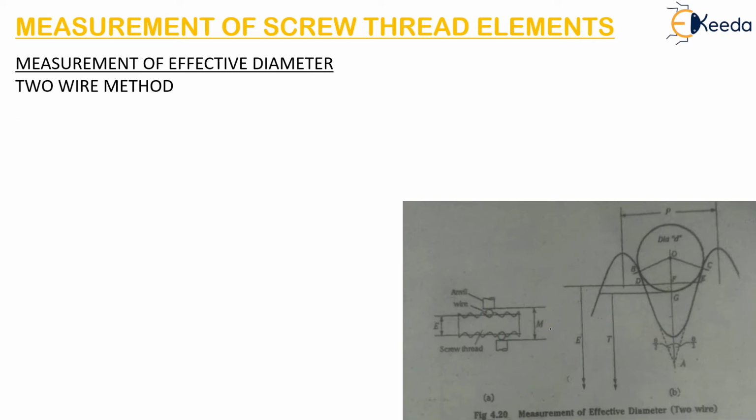In this figure we can see a screw thread on which the wires and the anvils are placed. In the same way, instead of this screw thread, we place the standard cylinder, the wires are put in position, and the micrometer anvils are placed.